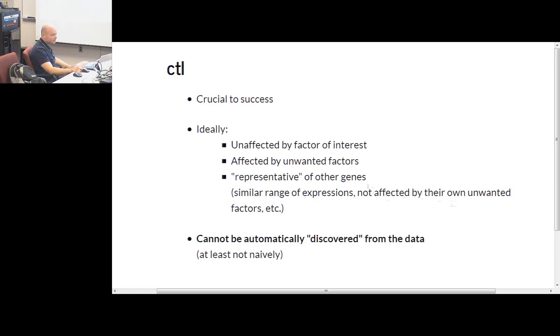That is, to some extent, a reference to spike-ins. Spike-ins have a lot of their own noise just due to their own administration. And as I've said already, these are not things that you can discover from the data. It needs to be based on prior knowledge. But that said, they don't need to be perfect.